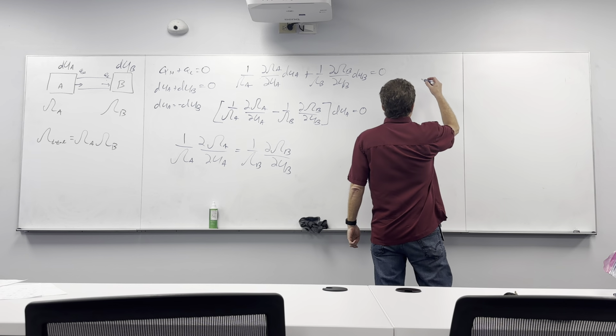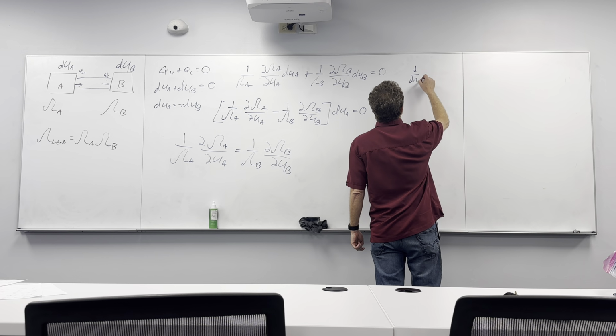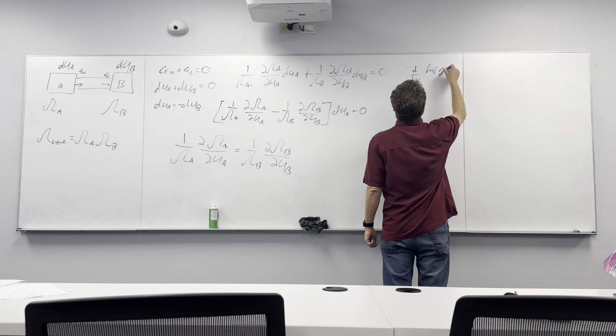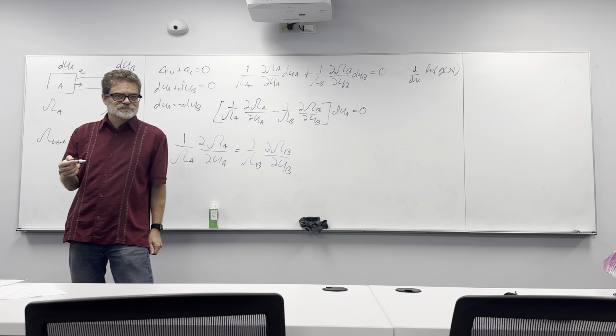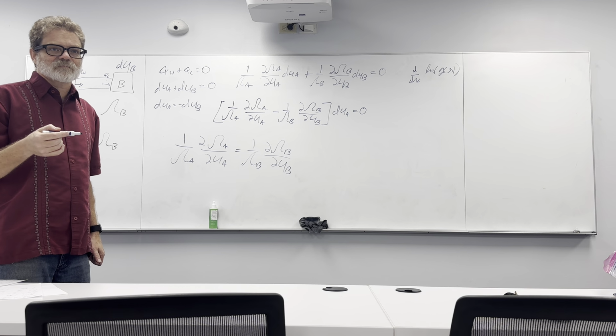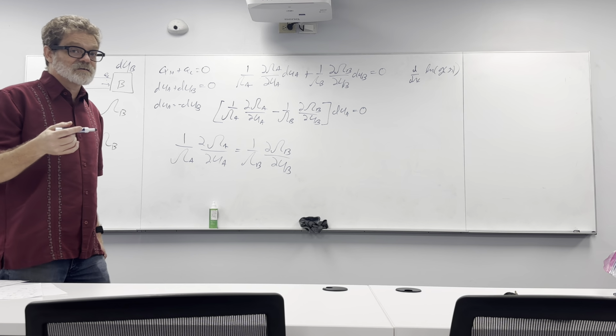So if we go back and say we take the derivative with respect to x of ln of g of x, what is that? What's the derivative of the ln? Is it 1 divided by g of x? Sure.